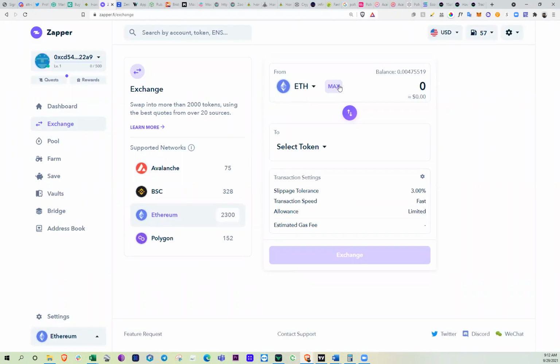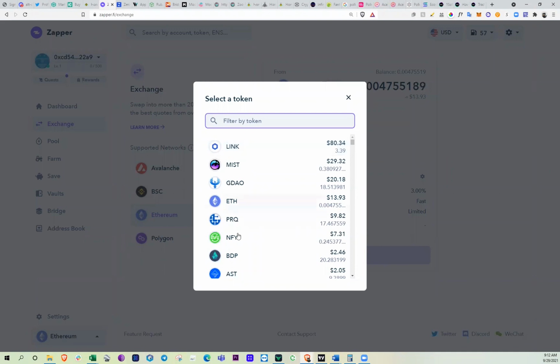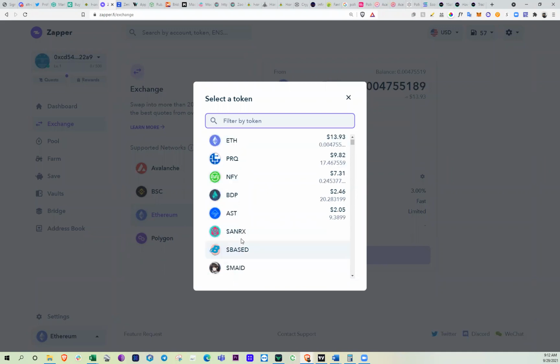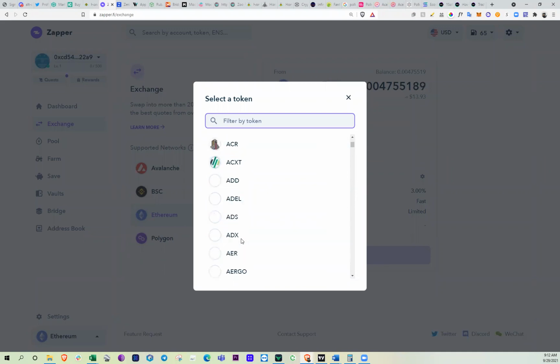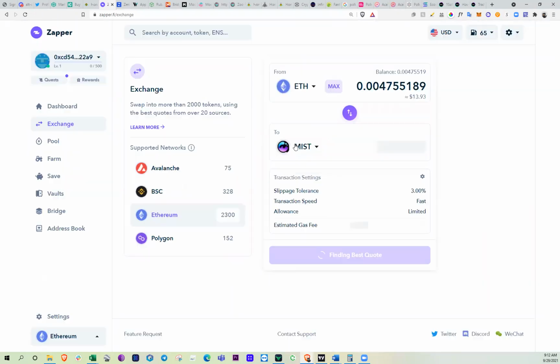Exchange like how you would regularly do. But the only thing is your fees are going to be crazy because you're back on the Ethereum network. Just to show you guys the overall quote, because it'll give you the estimated gas fees down here.